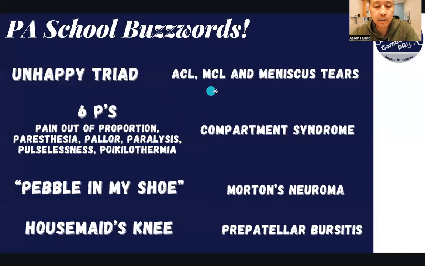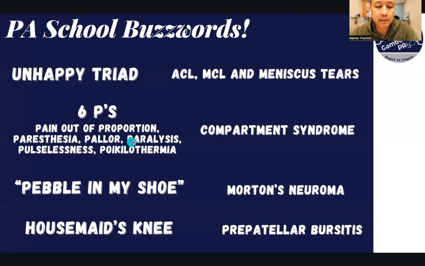So the unhappy triad consists of an ACL or anterior cruciate ligament, MCL, medial collateral ligament, and meniscus tear. So if a patient has all 3 of that, that's an unhappy triad. And then compartment syndrome, patients will complain about these 6 Ps. Pain out of proportion, it's extremely painful.